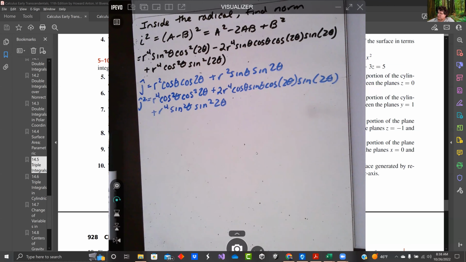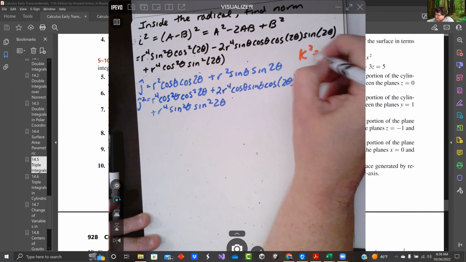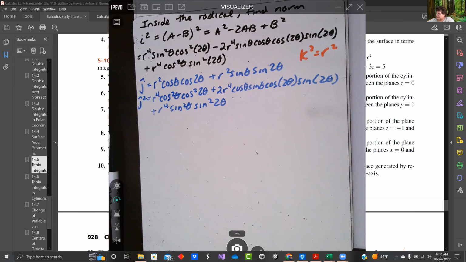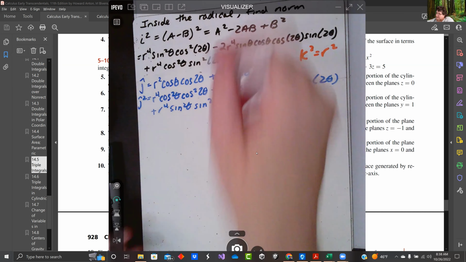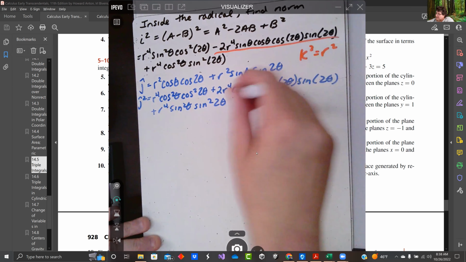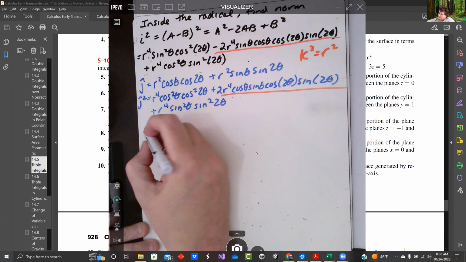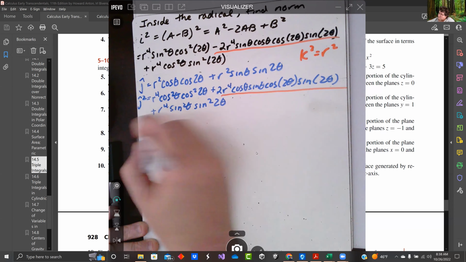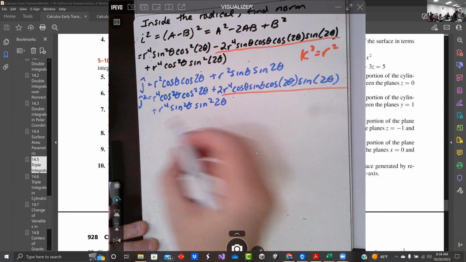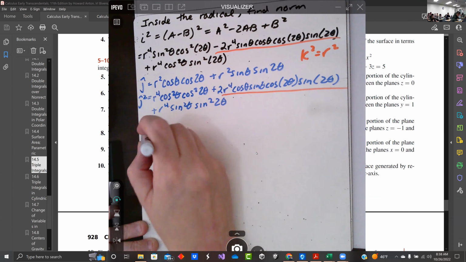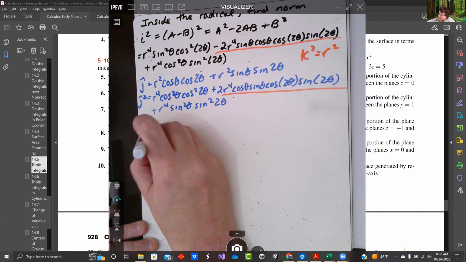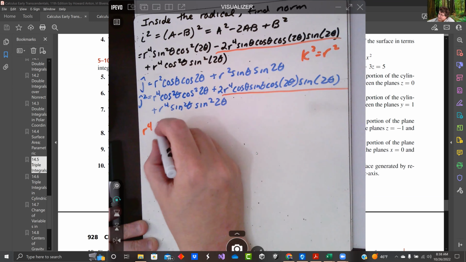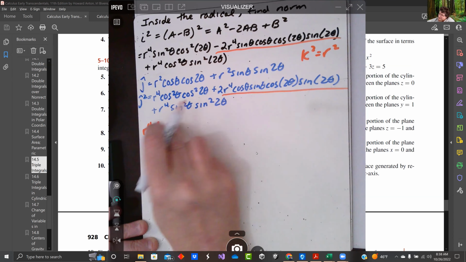And K squared was R squared. So we're adding this together. What cancels out? Well, this is going to cancel out this, right? So I've got R to the 4th. There's a lot of R to the 4th. I'm going to write that outside. I've got sine squared 2 theta.